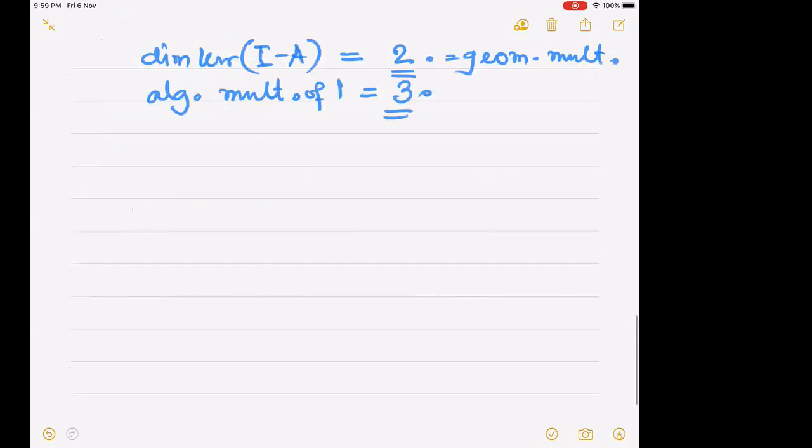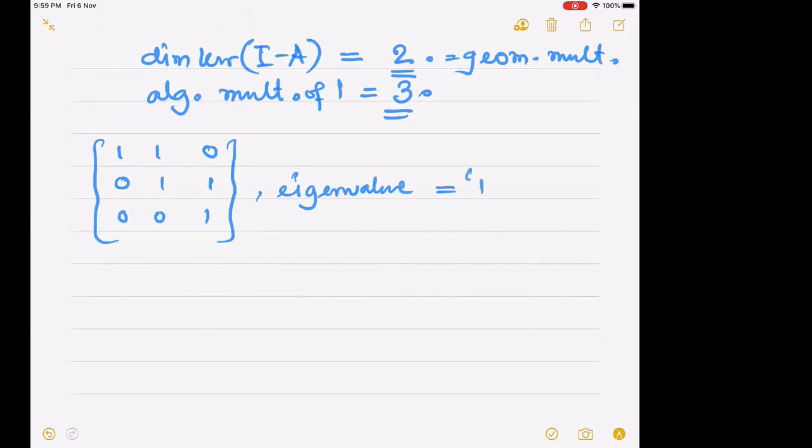We can also have something like this. Once again, the eigenvalue is just 1.